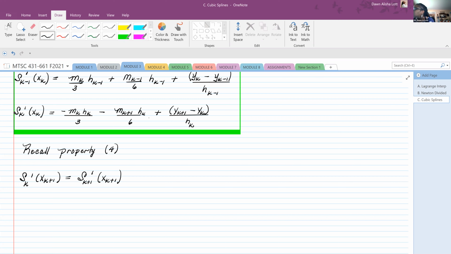So that translates into S_{k-1}' at x_k has to equal S_k' at x_k. Okay, so now we got to set these things equal.